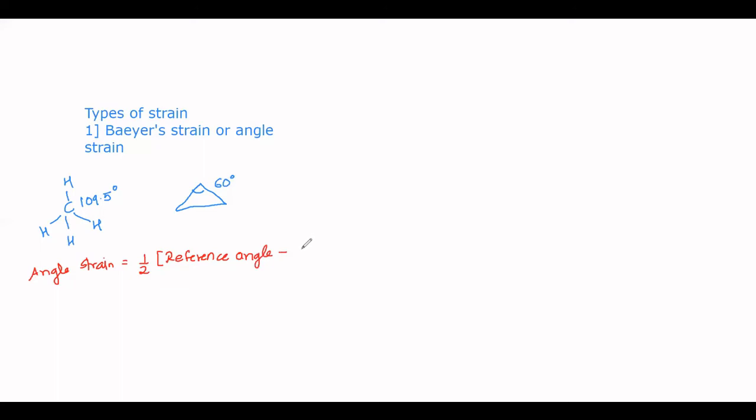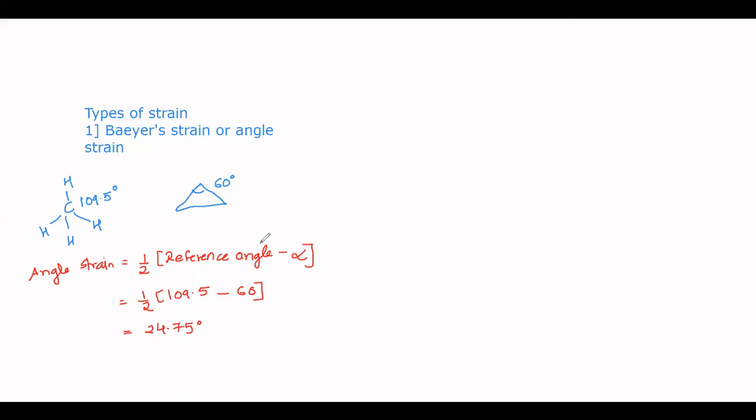We can have a different hybridization, and accordingly we will select the angle. Alpha is the internal angle of this cyclic chain. So this is half into 109.5, which is the expected angle, but the actual angle is 60. This comes out to be around 24.75 degrees.